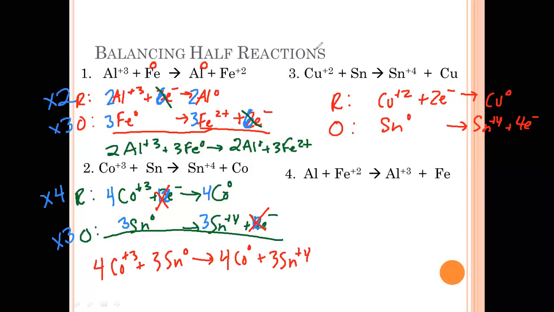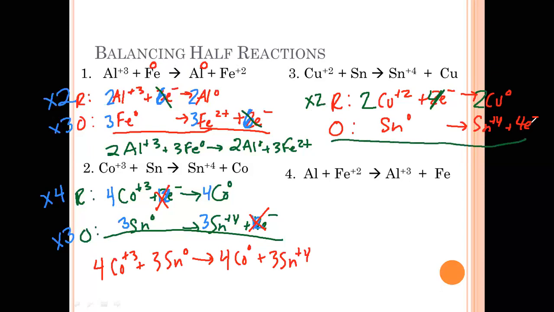Okay, so now let's think about what is our least common multiple between 2 and 4. So it's 4. So I'm going to multiply the top one by 2. But let's say you said it was 8. So you'd multiply this by 4 and this by 2. Your coefficients would all come out to be an even number that you could reduce down. So keep that in mind. I think it's going to be pretty simple to find the least common multiple when we're doing these.